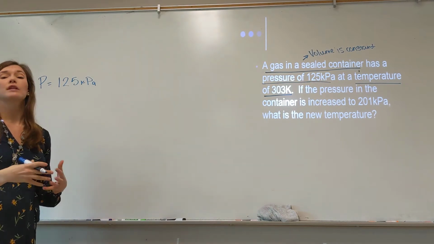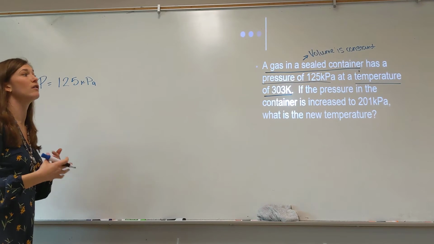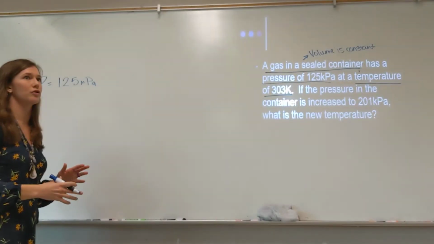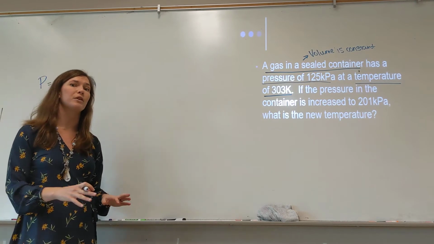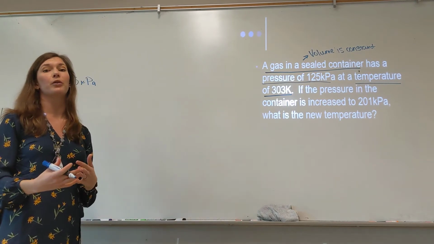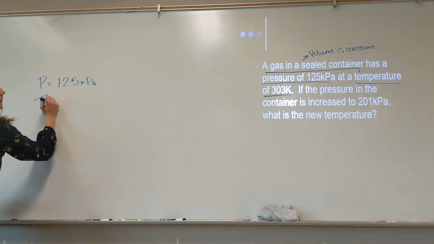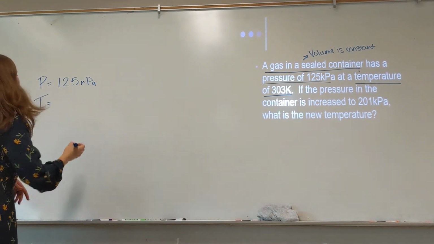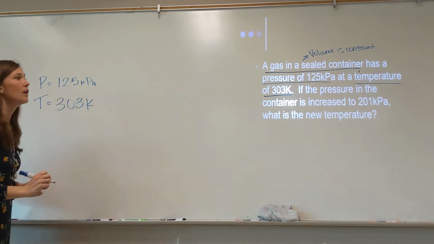Notice I don't need to convert my pressures. If I'm given kPa, I do not need to convert it to atmospheres or millimeters of mercury. It gives me my temperature in Kelvin, so I don't need to convert it.